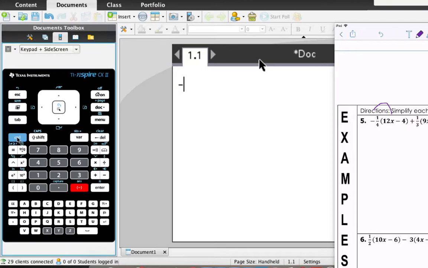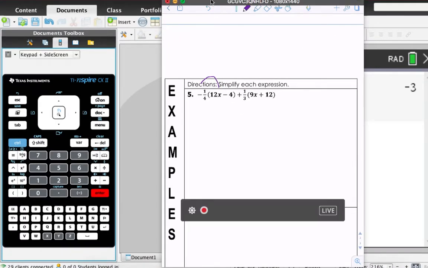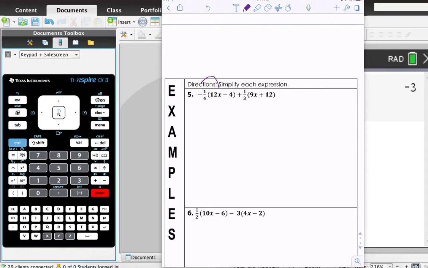To enter in a fraction, you press Control Divide. It's 1/4, so I want a 1 on top. I want a 4 on bottom. And it was negative 1/4 times 12. And that gives us negative 3. So I know negative 1/4 times 12x is going to give me negative 3, and we can't forget the x.